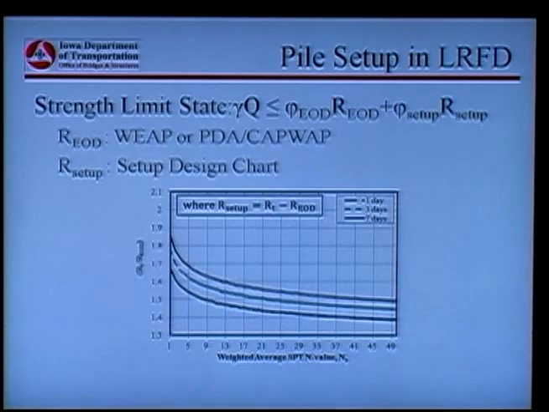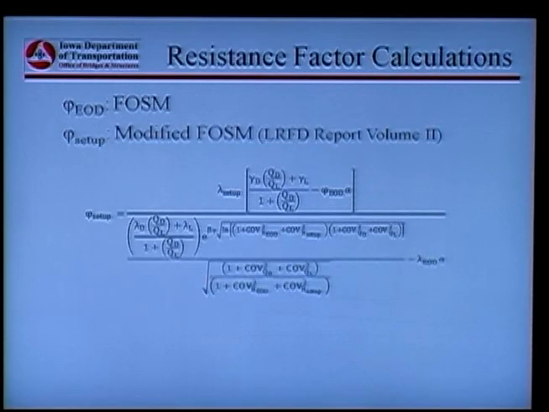And how you could quantify this R_setup is we came up with this chart based on a tedious analysis that we performed over years, and came up with this simple chart that allows you to use in design based on the weighted average SPT N value. Okay? And further, we want to know how we could estimate this phi setup, right?